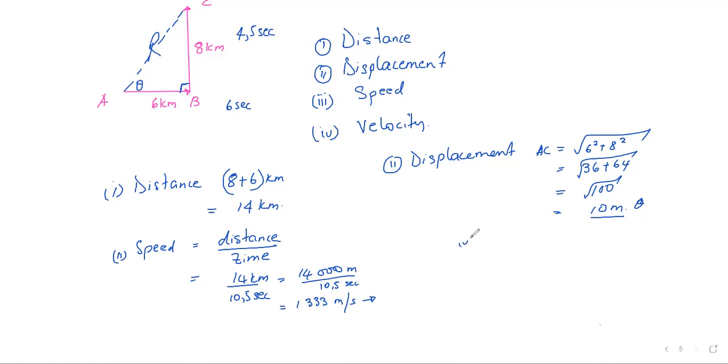And his velocity is a vector, rate of change of displacement. Displacement is 10 kilometers at the angle of theta for direction.